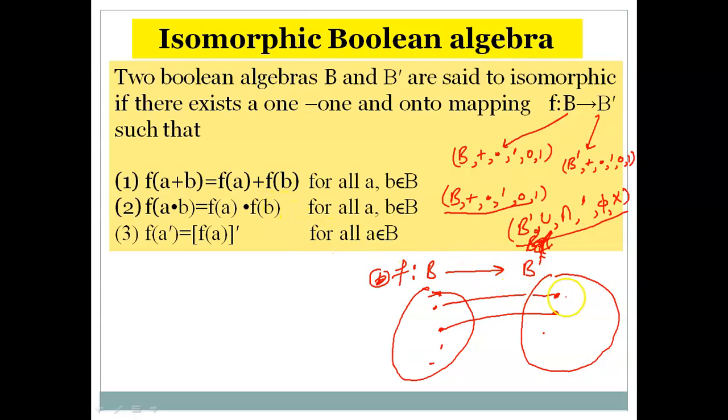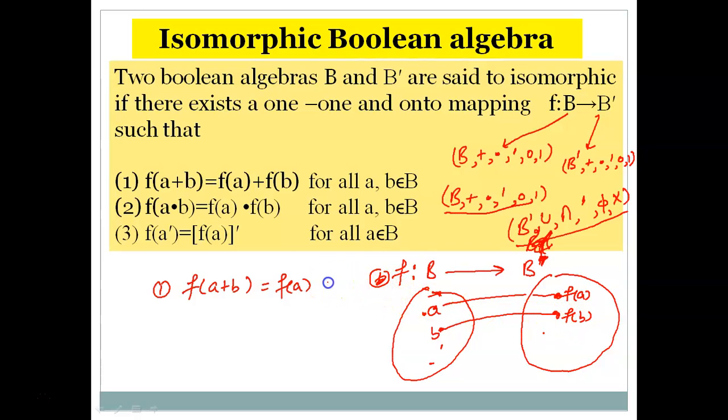So in B dash, the operations are not plus and dot. Therefore the first property in this situation will be written like this: F of A plus B is equal to F of A union F of B, because if you are writing A here, the element F of A will be part of B dash, and if you are writing B here, F of B will be part of B dash.